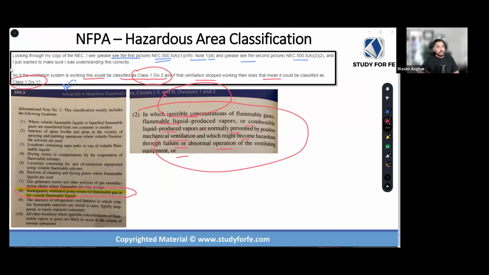Division. So when we are dealing with hazardous area classification, guys, if you take a step back, div 1 versus div 2, what's the difference? Div 1 is when we have the hazard available under normal operating conditions or abnormal operating conditions. So div 1 is high probability, meaning that under normal operating conditions, we have the hazard present, right?